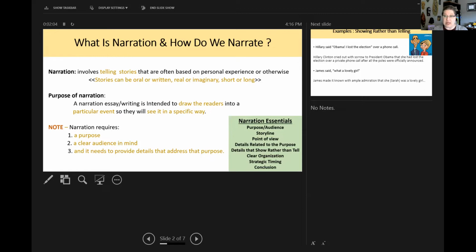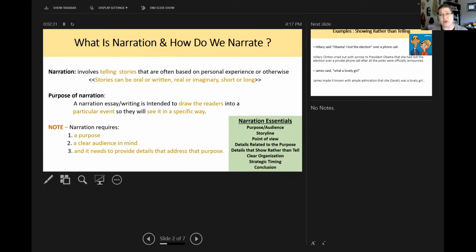Now, on the bottom right-hand side, we've got some essentials. And you're going to see a lot of clear crossover here with description as well. Of course, we've already talked about the purpose and the audience. The storyline has to do with the organization. It's got to be clear. You've got to make sure that you're not just jumping around trying to describe stuff, and the storyline doesn't really flow very well.